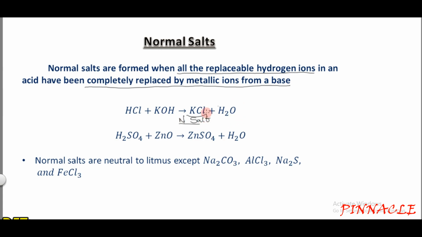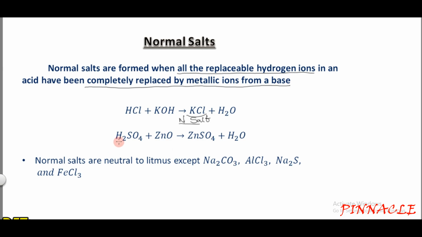normal salt. Alright, then we have tetraoxosulfate(VI) acid and zinc oxide, H2SO4 and zinc oxide. So we have two replaceable hydrogen ions here in tetraoxosulfate(VI) acid. So when it reacts with zinc oxide, which is a base, it is going to form zinc tetraoxosulfate(VI).